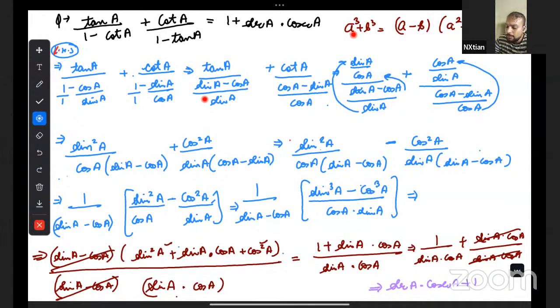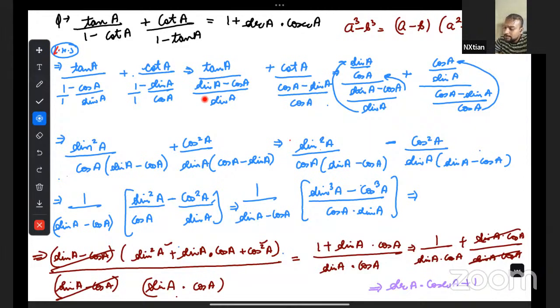The identity of a cube minus b cube is a minus b into a square plus ab plus b square.